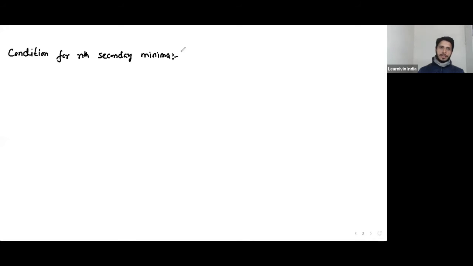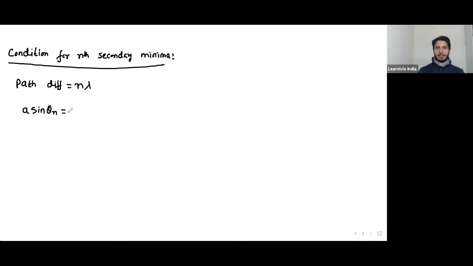So the condition of nth secondary minima is your path difference should be equal to n lambda. Or you can say that path difference, which is a sine theta n, is equal to n lambda. This is the condition of secondary minimum. Your path difference is n lambda.